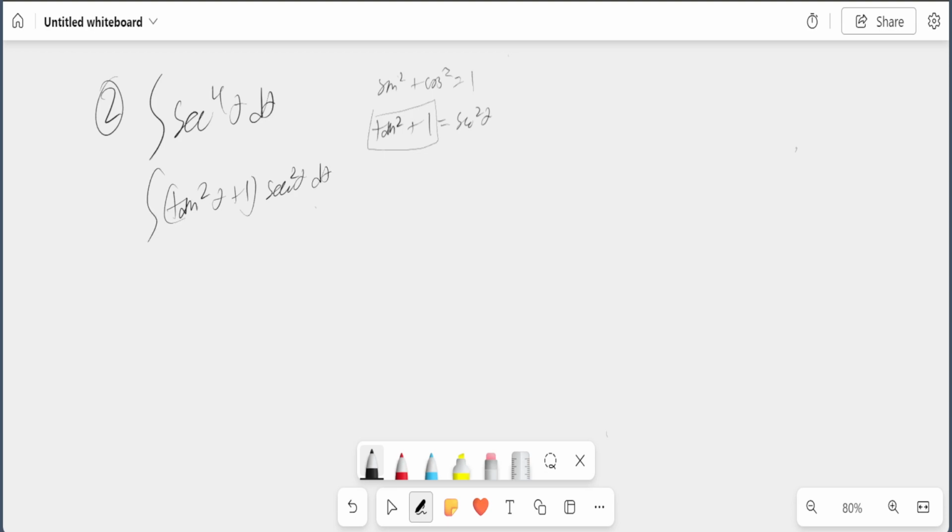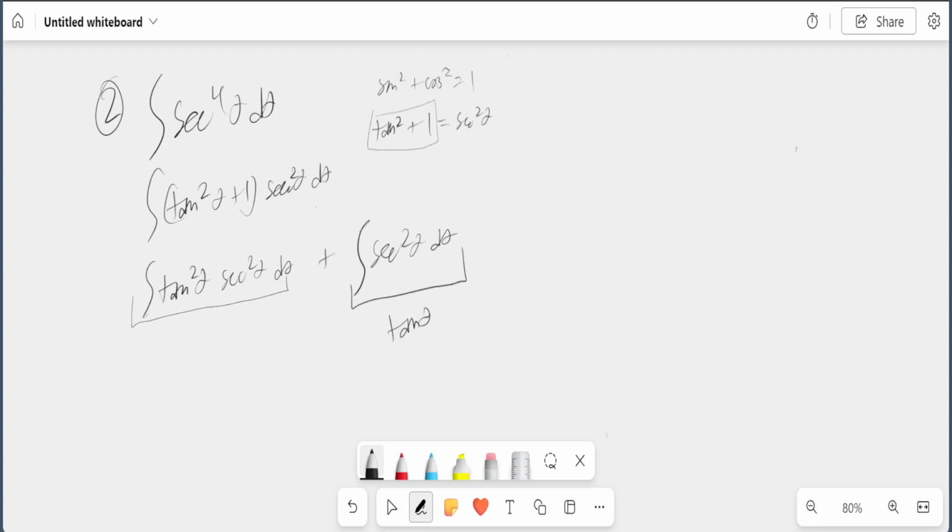And then we distribute and separate the integrals. So we get the integral of tangent squared theta secant squared theta d theta plus the integral of secant squared theta d theta. Okay, this one, pretty easy, tangent theta.